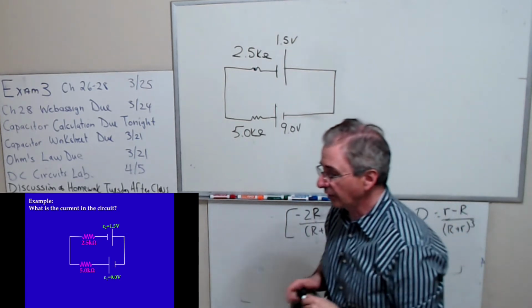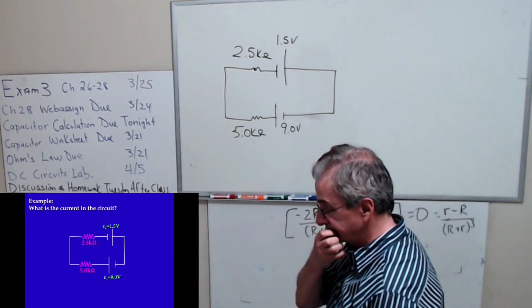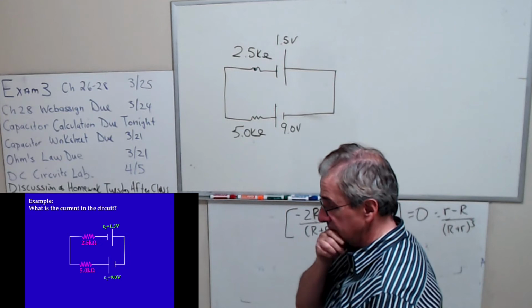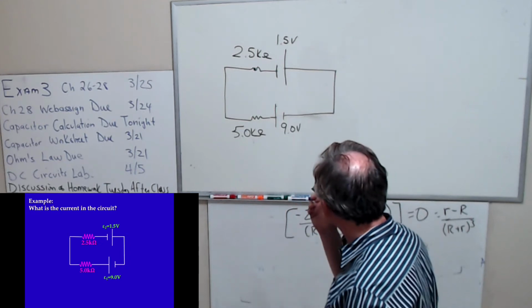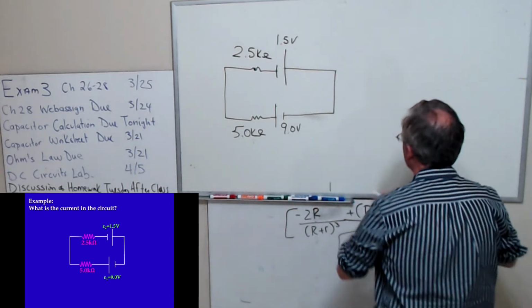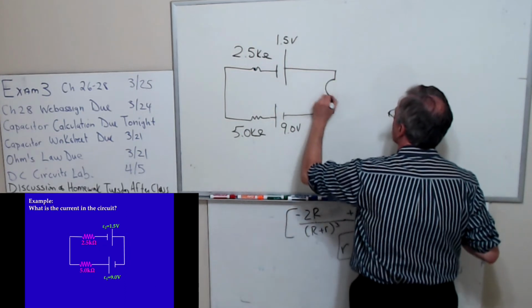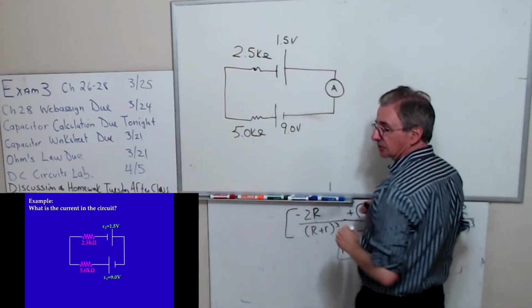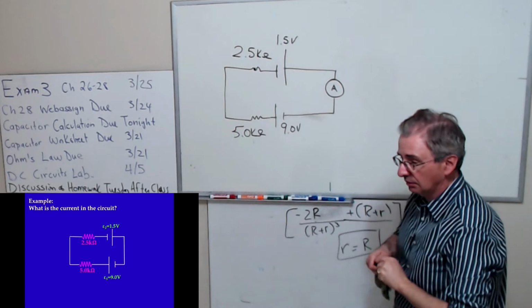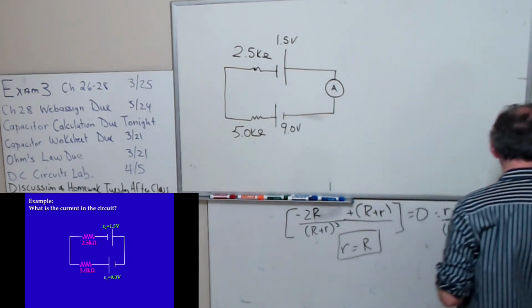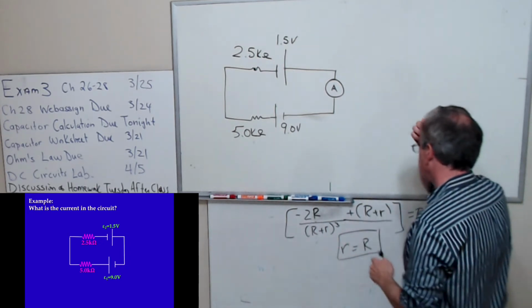I want to know the current. I want to know what's my current. If I put an ammeter here, what's the ammeter going to say? What's the ammeter going to tell me? How do I do this problem?